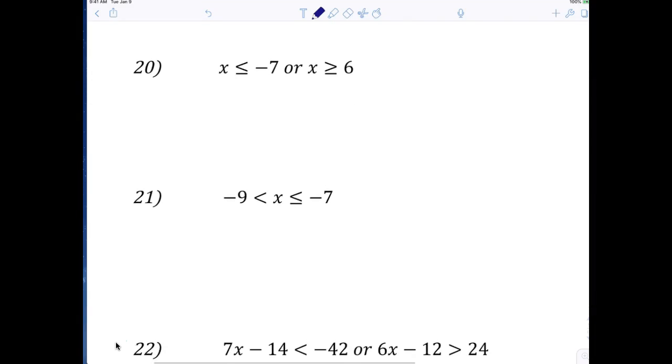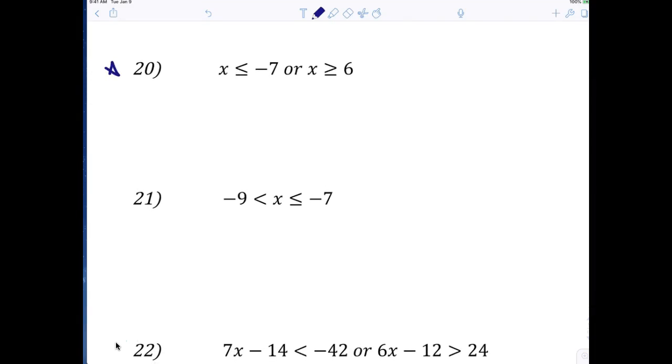All right. Now this is the one where you have to think about real carefully. It's an or statement, so only one of them has to work. So what number is less than or equal to -7 or greater than or equal to 6? Are these in opposite directions? Yes.